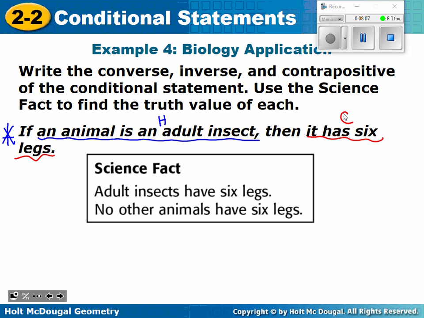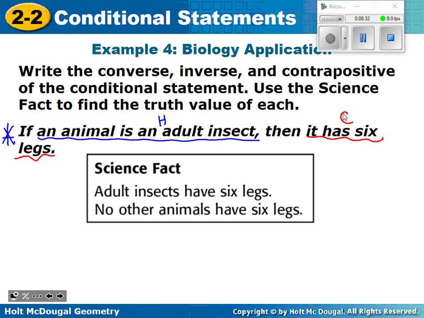Okay, third one is our contrapositive. It's really the fourth one, but we already had the conditional given to us. So the contrapositive is going to take the original one and do both. It's going to switch and negate. So what do we start with? Careful, don't start with if it's. If an animal.